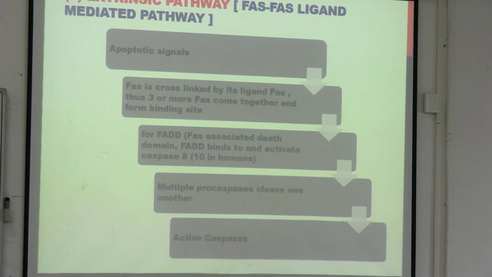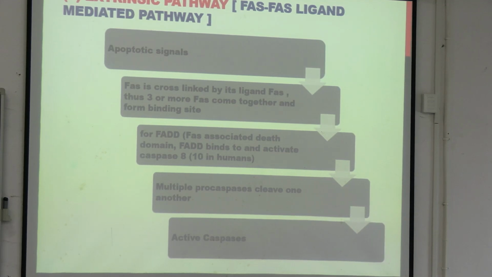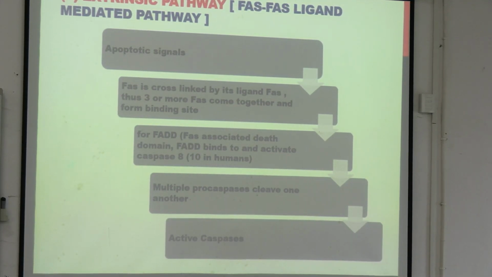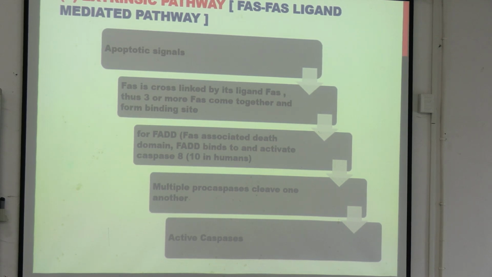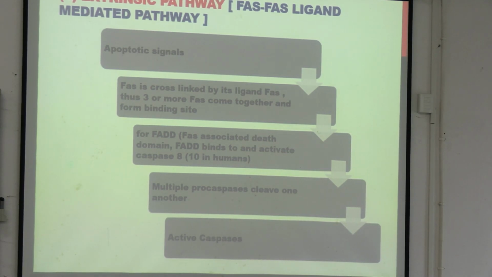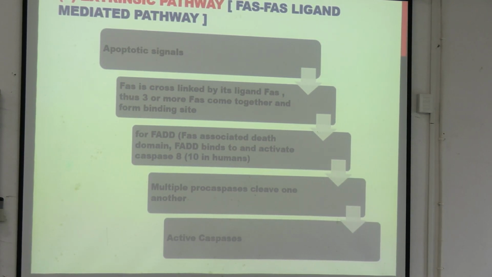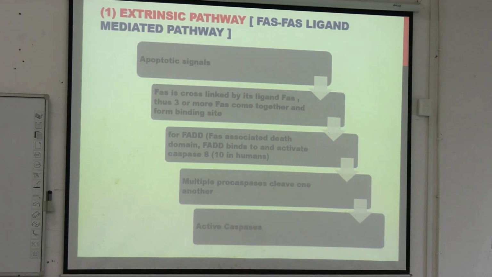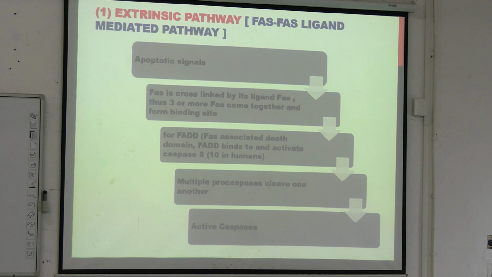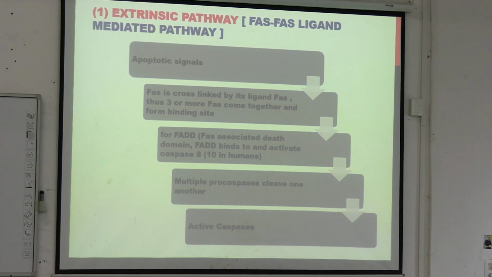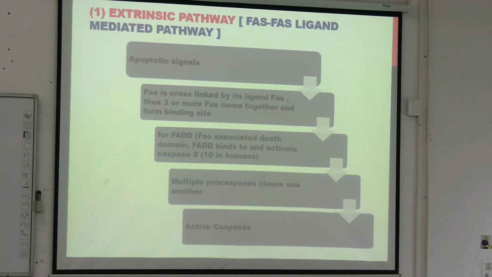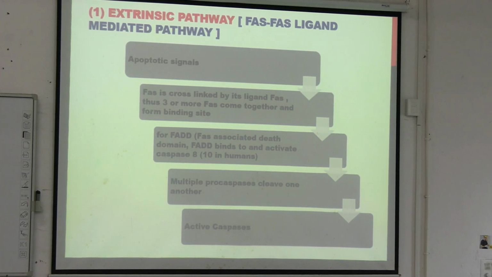One is the extrinsic pathway. The extrinsic pathway is mainly known as the Fas ligand mediated pathway. This Fas is present in the outer cell membrane or outer cytoplasmic membrane. It might be present in the mitochondria, it might be present even in the cytoplasm, in any kind of organelle in the outer membrane.